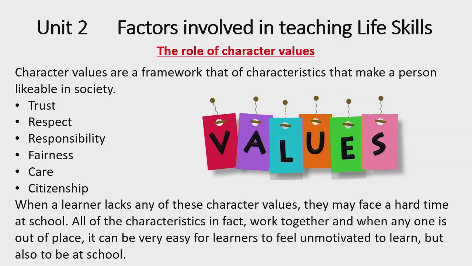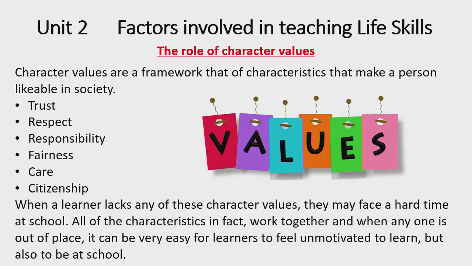One that they do not mention here that I have noticed, maybe they mention it further in the study guide, is that of integrity, which is also extremely important and can fall with each and every one of these character values. So when a learner lacks any of these values, they may face a hard time at school.